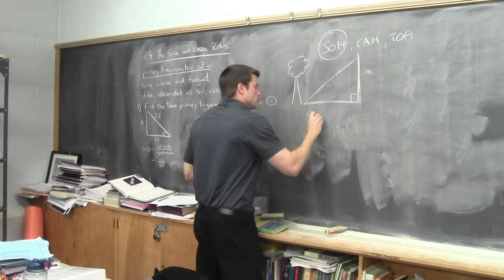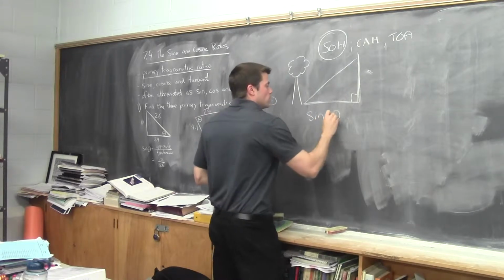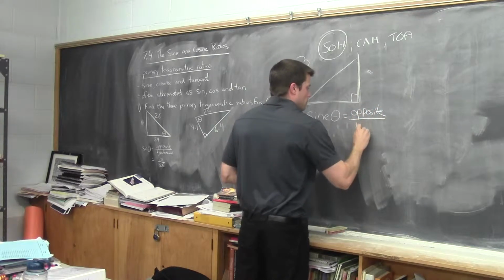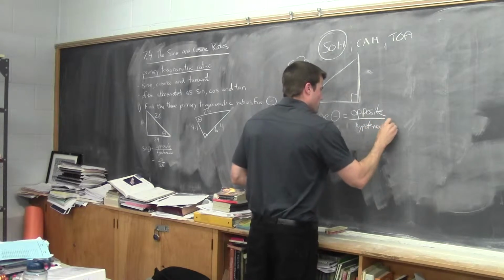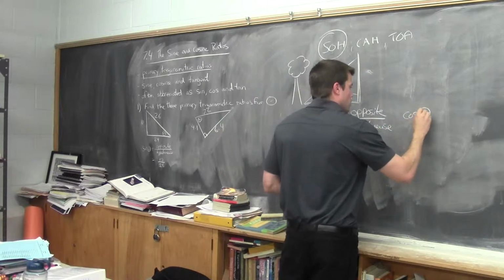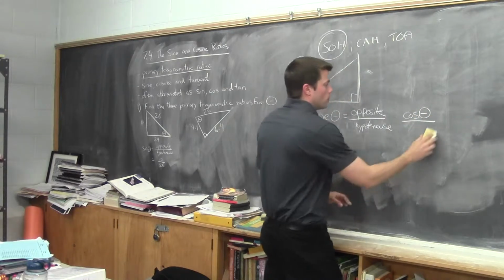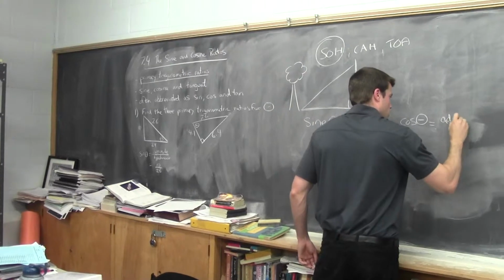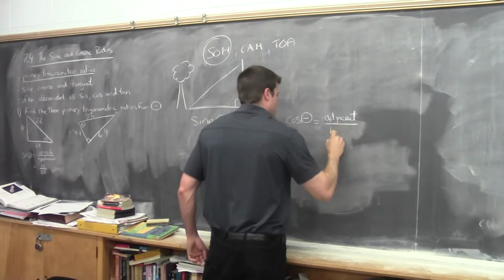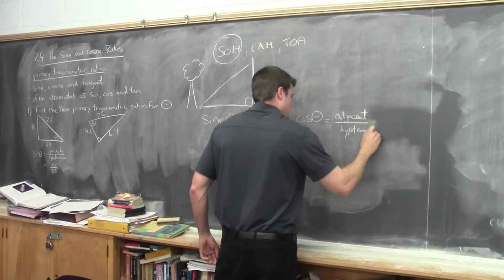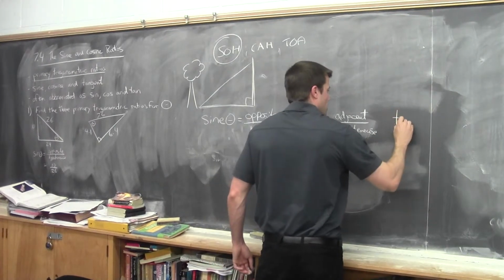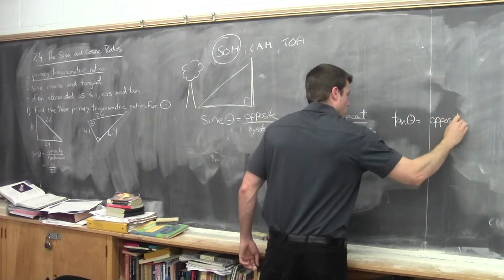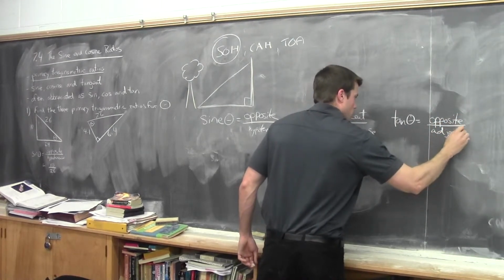Sohcahtoa stands for sine theta is equal to opposite over hypotenuse, cos theta is equal to adjacent over hypotenuse.